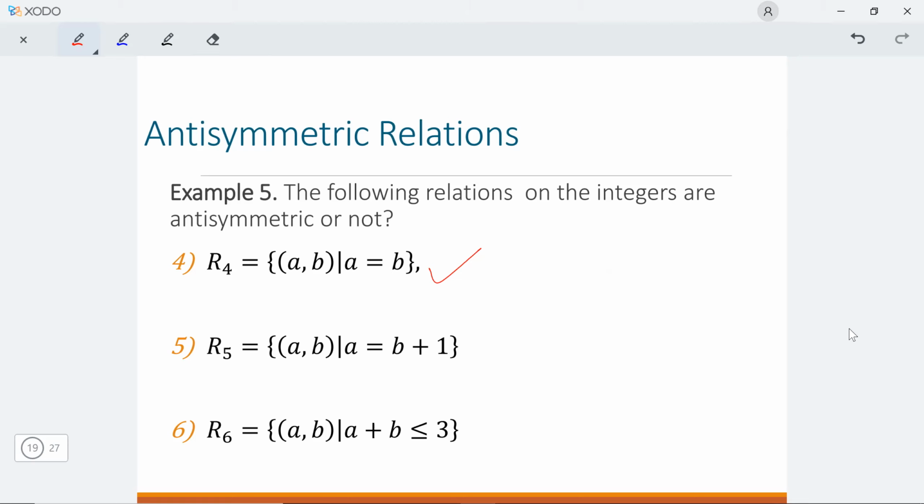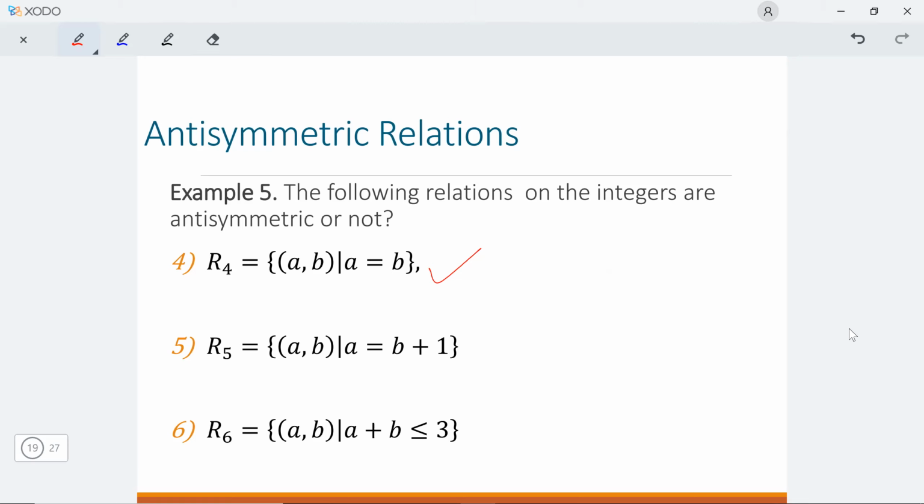Similar to our previous example R2, because we cannot find any example of (A, B) and (B, A) both in this relation, the hypothesis of the anti-symmetric definition is always false. By our knowledge of logic operations, if the hypothesis is always false, then the conditional is always true.